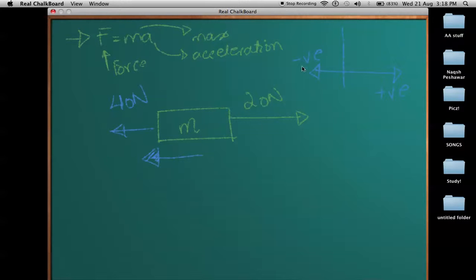So whenever I have a negative answer, it would mean that the force is in the negative direction. And whenever I have a positive answer, it would mean that the force is on the right hand side, or the object has a force which is on the right hand side. So let's see. Now we have to find the magnitude of the force.